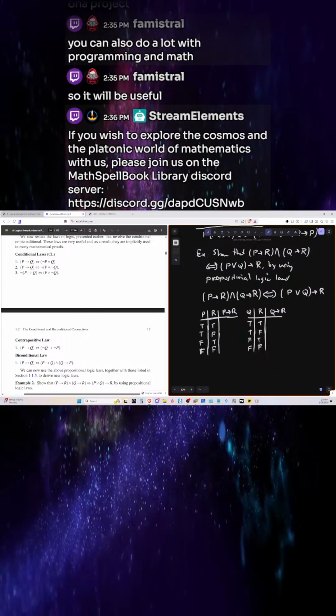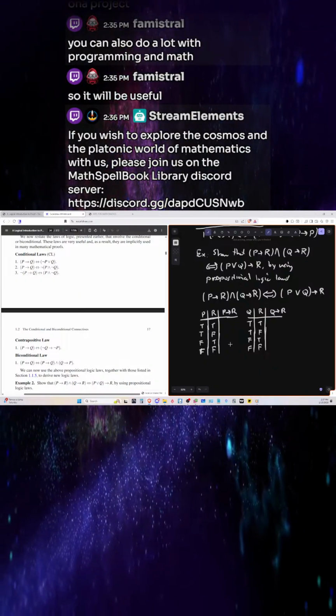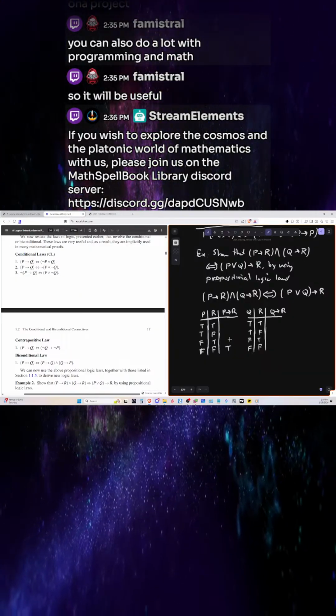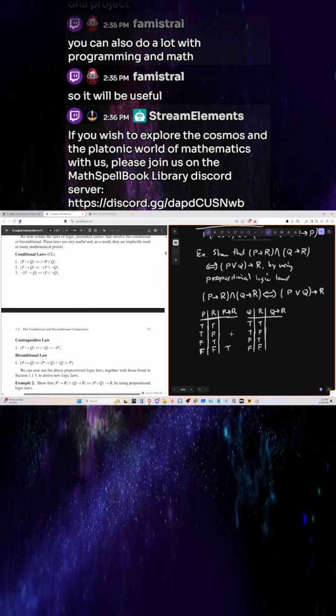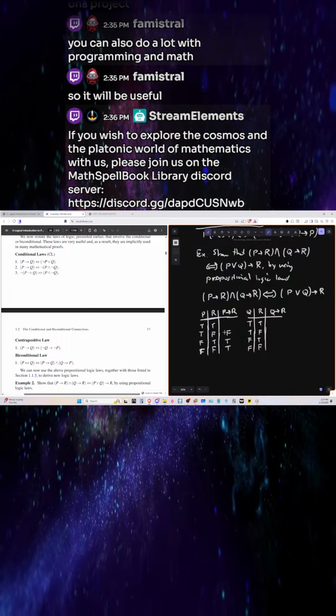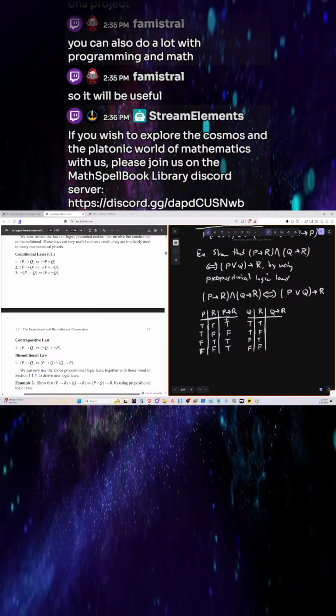So, thinking back to what we thought about, this would be true, this would be false, this would be true, and this would be true.